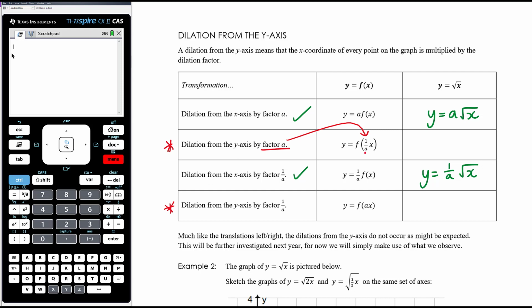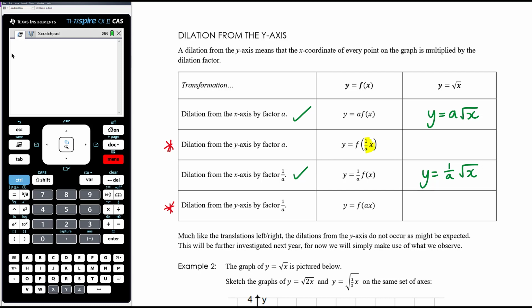If the number here is 1 on a, the dilation factor is the reciprocal of that, a. Similarly, if we dilate by a factor of 1 over a, so we squash towards the y-axis, we'll have a in the function. So if we have a look at that for our square root function, if we're doing f of 1 on a times x, we could also write that as x on a.